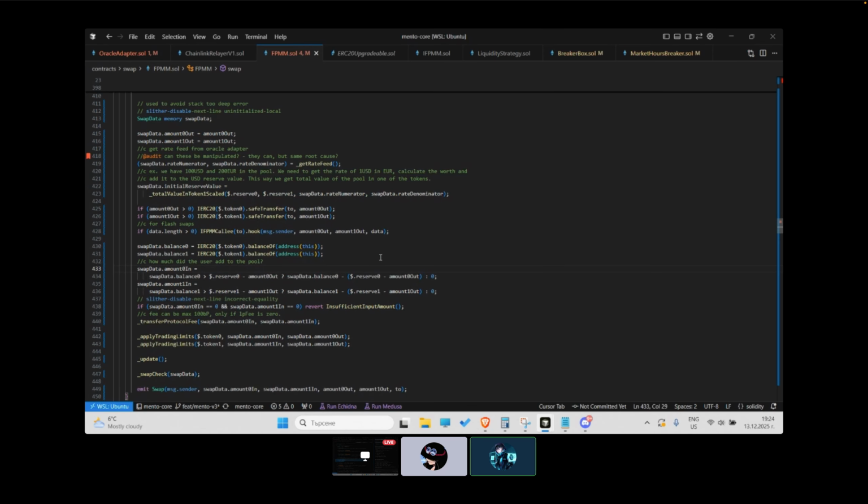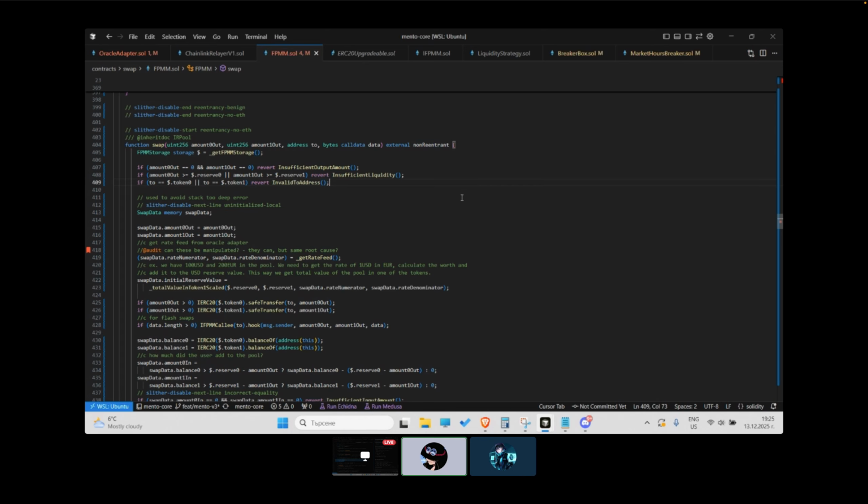Let's see. Is there room for an exploit with these hooks and these flash swaps? I'm not so familiar with hooks. So all this AMM has the non-reentrant modifier, I think, right?